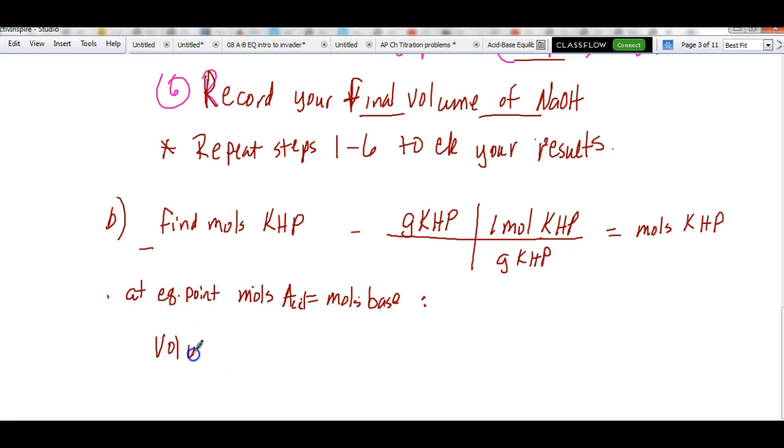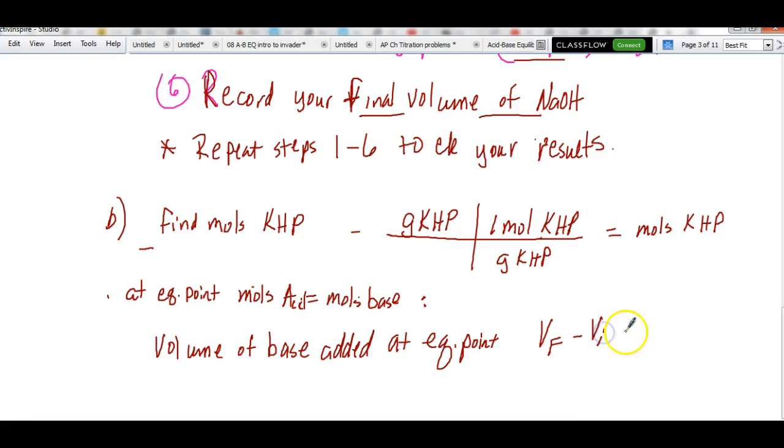You need the volume of base added at the equivalence point. So that's always your final volume minus your initial volume.